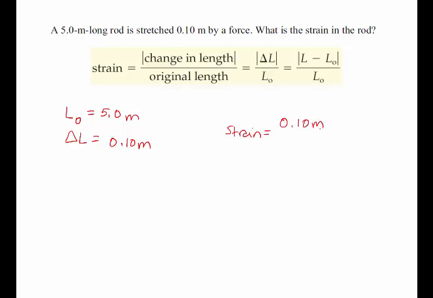over the original length. So we can literally think of it as a percentage of the change, conceptually. So we have 0.1 divided by 5. So 0.020, with two significant figures.